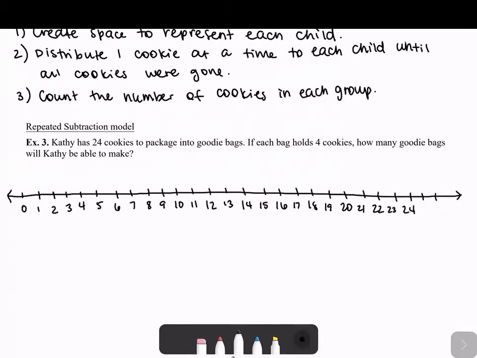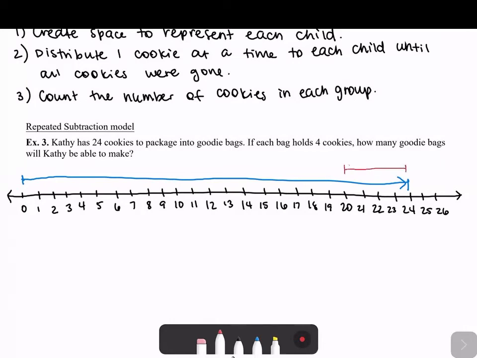So now we can do a repeated subtraction. So we go all the way to 24, right? We add all the way up to 24 cookies. And now we're going to take 4 away at a time. So the first time we take 4 away. Okay, so we take 4 away there and get to 20.